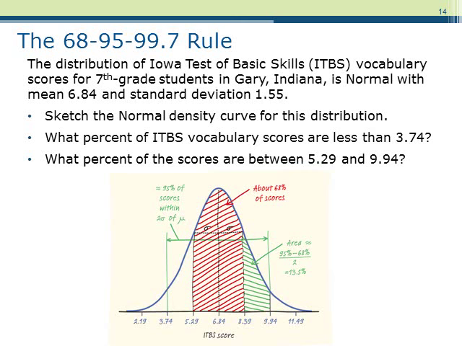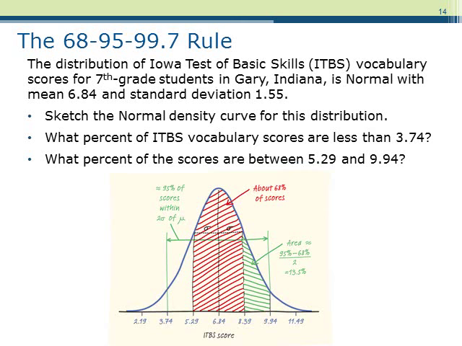The area between 5.29 and 8.39 is about 0.68 or 68%, because this is the range that is within 1 standard deviation. To find the area between 8.39 and 9.94, we recognize that 95% minus 68%, which is 27% of the observations, are more than 1 standard deviation, but less than 2 standard deviations from the mean.